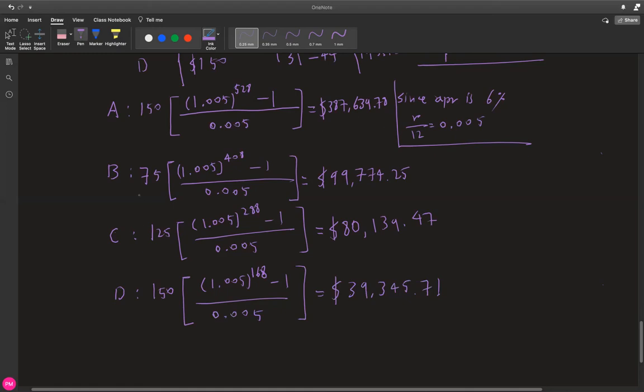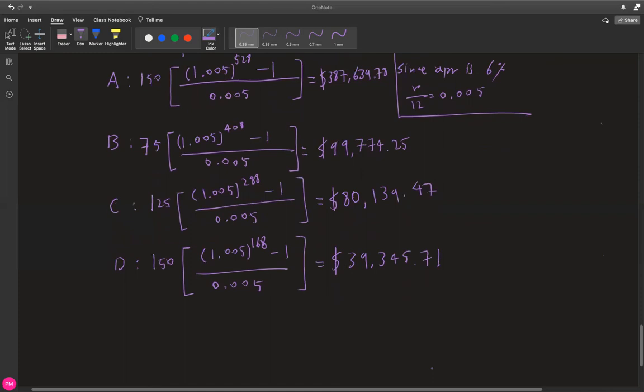And plan B, when it kicks in on the 11th year, so meaning that you only contribute for 408 months, that additional $75 per month will yield $99,000. And that additional $125 for plan C would yield $80,000. And lastly, the last plan for $150 for 168 months will yield $39,000.